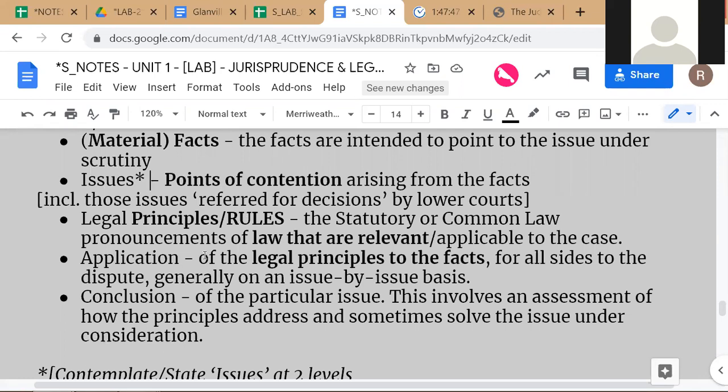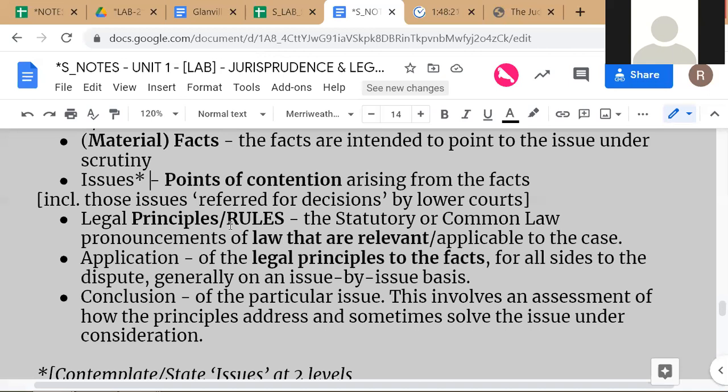And then you have, of course, the legal principles or rules. Here you see what is relevant to that particular case. So if we are talking about a tax case, then we would most likely not bring in, let's say, the Hindu Marriage Act, or any kind of rules on divorce, or judgments on division of property on divorce, because they're not really applicable to the particular situation that we have, right?